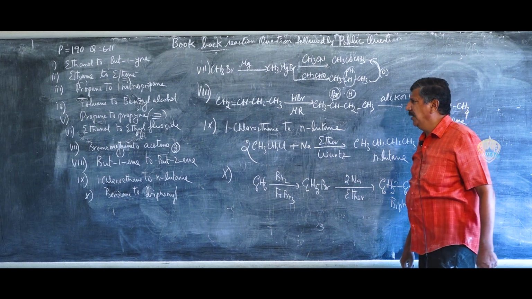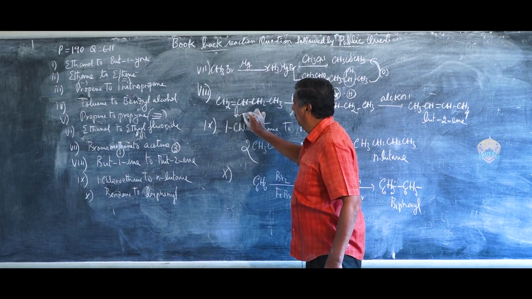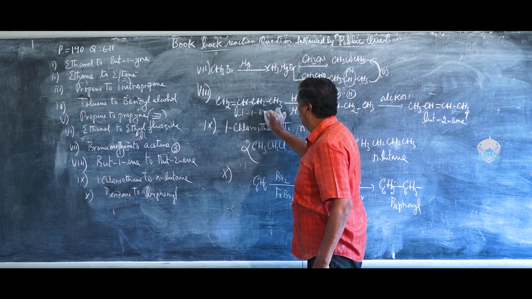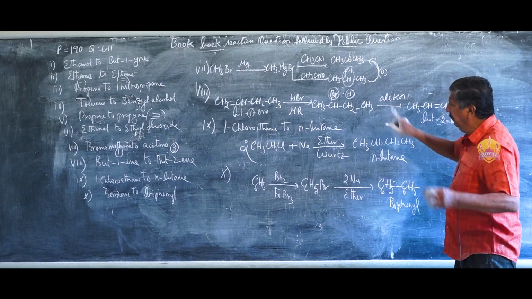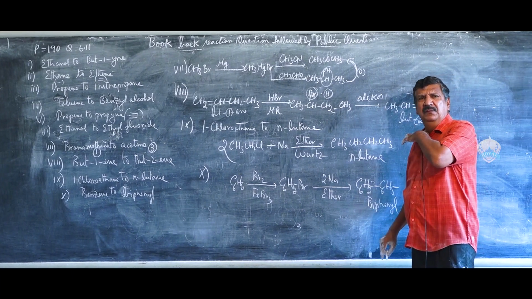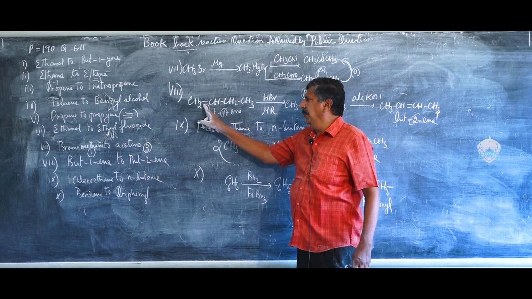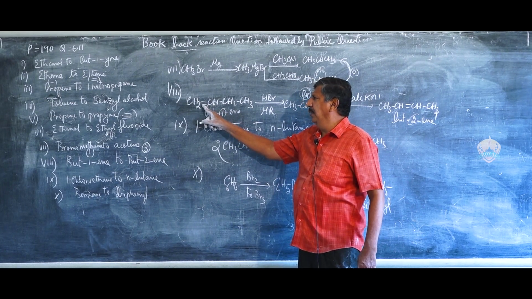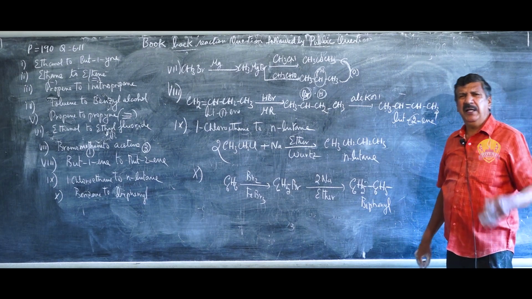That's all. Next question. But-1-ene to but-2-ene. They are shifting the double bond. In this conversion, the double bond in the first carbon is shifted to the second carbon. How can it be done?